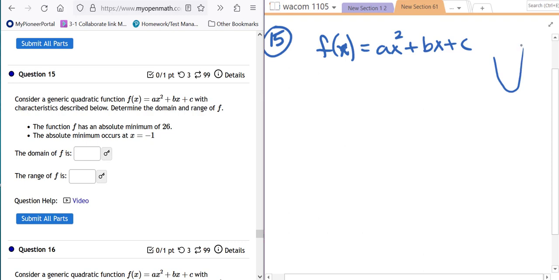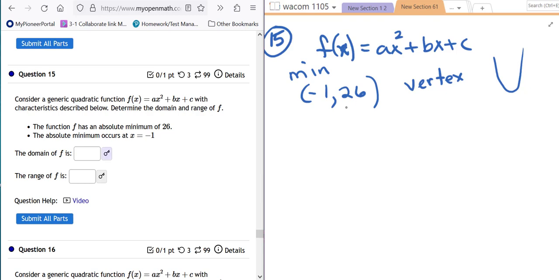So it's going to open this way. 26 is the value. It occurs at -1. So -1, 26 is the vertex. Right? Because this is giving you the minimum. It occurs here. This is the value. So you're figuring just that out.